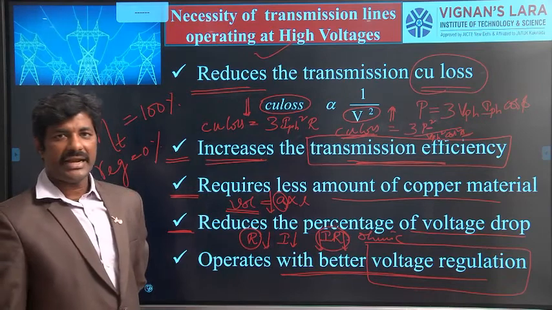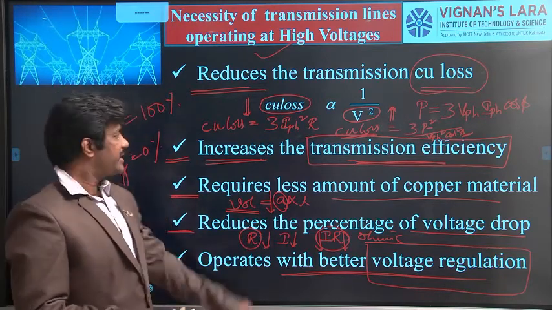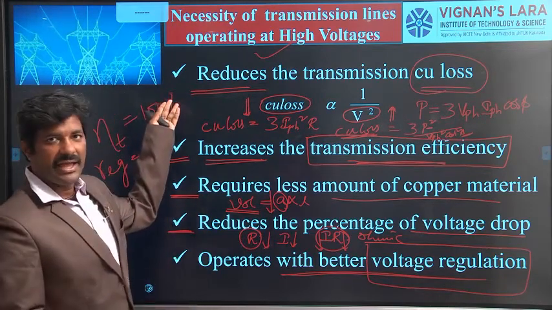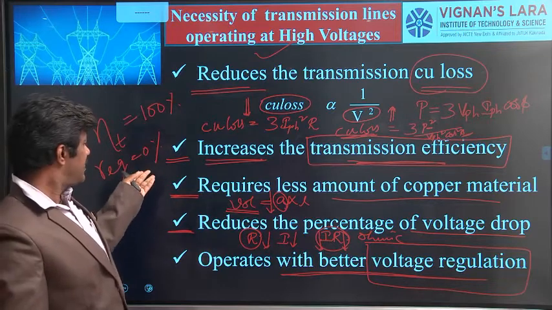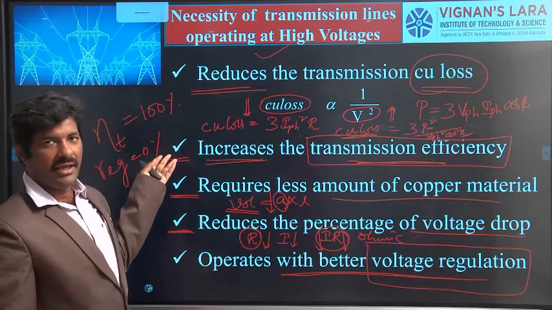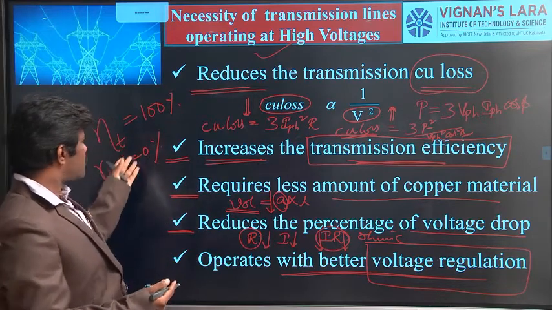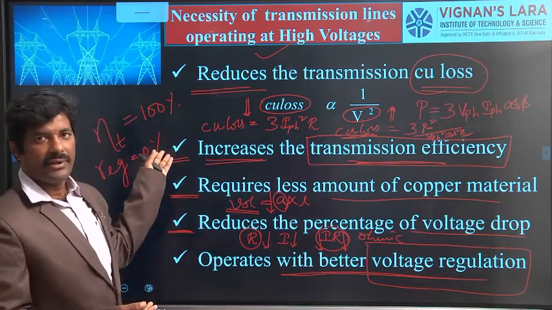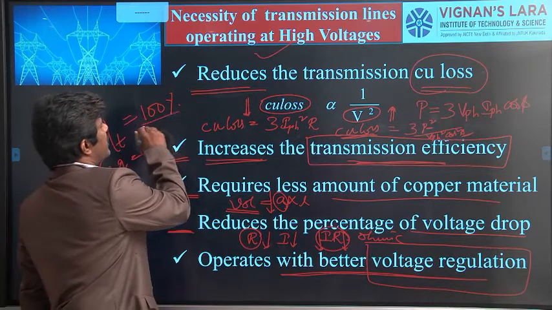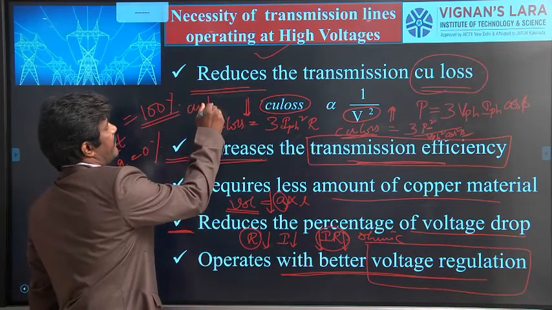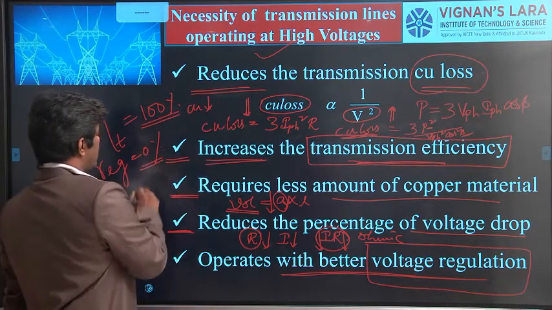We have to design a transmission line such that its efficiency is 100% and its regulation is 0% in the ideal case. Otherwise, we design the transmission line such that these two values are nearer to them. This is possible if and only if the copper losses are minimum, and that is possible if and only if the drop is minimum.